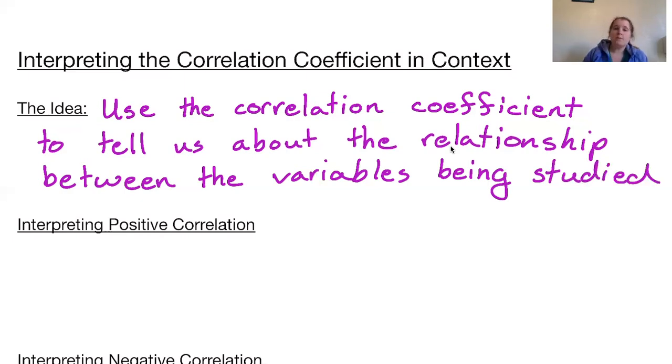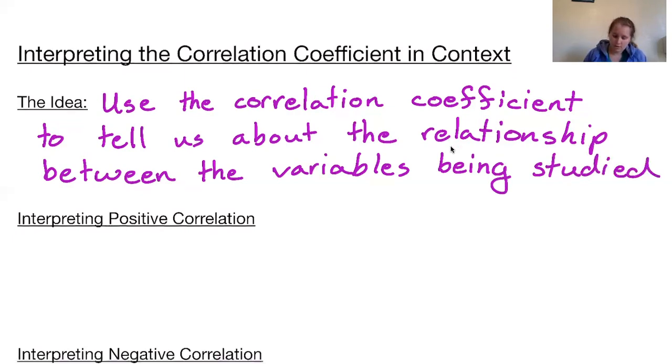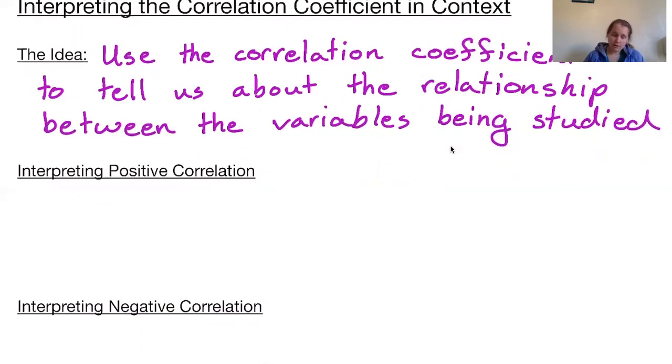So for interpreting positive correlation, again, positive correlation, what this means is our graph looks to have a general trend that the dots are going up.